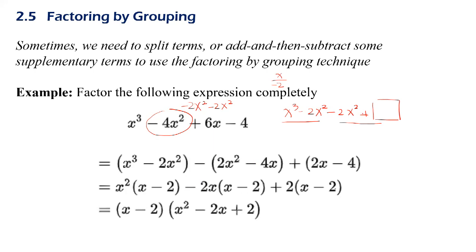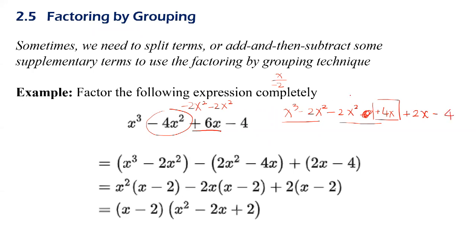So in order to ensure the ratio is also the same for the middle two terms, we need to put a minus 4x here, right? Sorry, should be plus 4x here. And then remember that the original expression has a positive 6x, so the remaining 2x should be added at the back, right? And 2x minus 4.